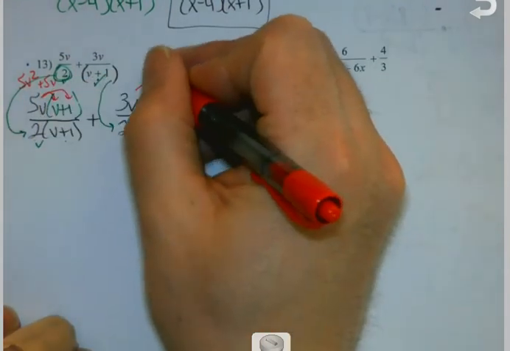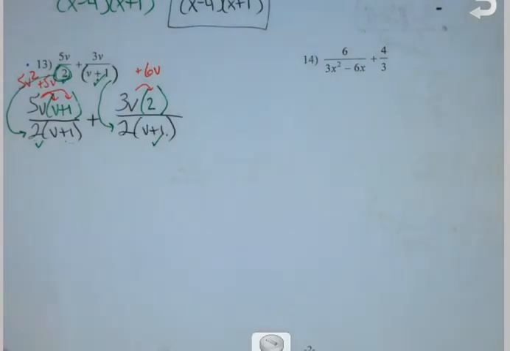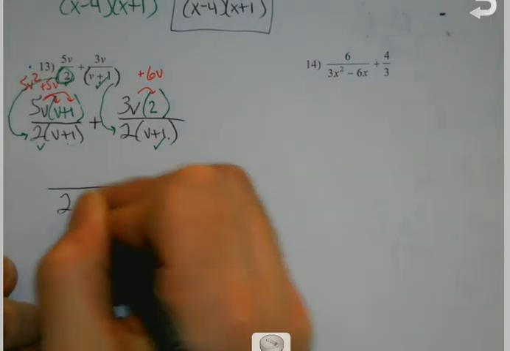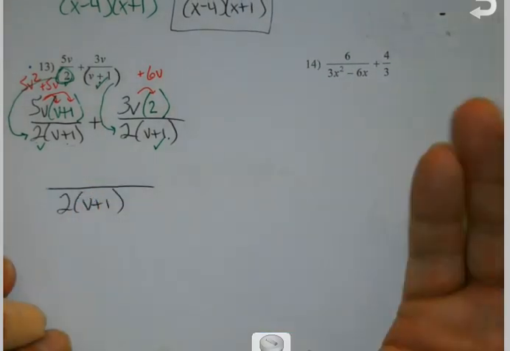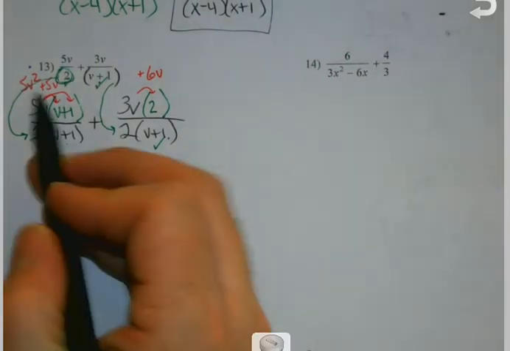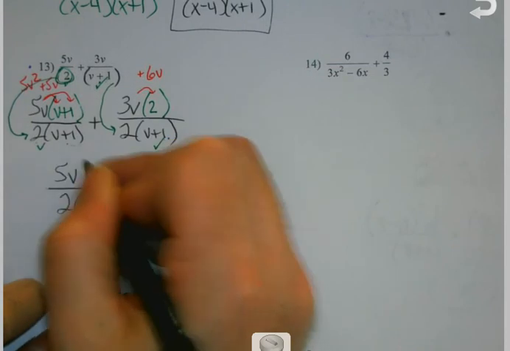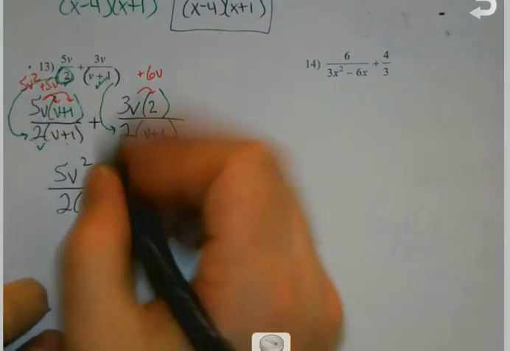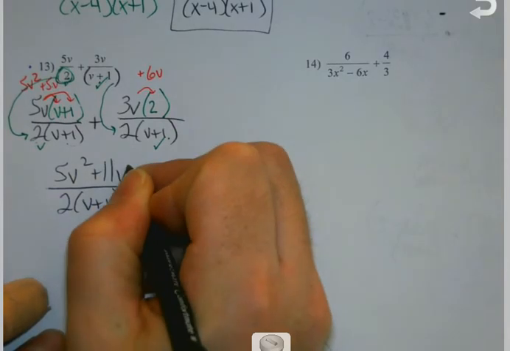And over here, I got 6v. So now I'm just going to put all this stuff together and see, can I reduce it? Can I not reduce it? How's this going to work? So I only got one v squared term, so 5v squared. 5v plus 6v is 11v.